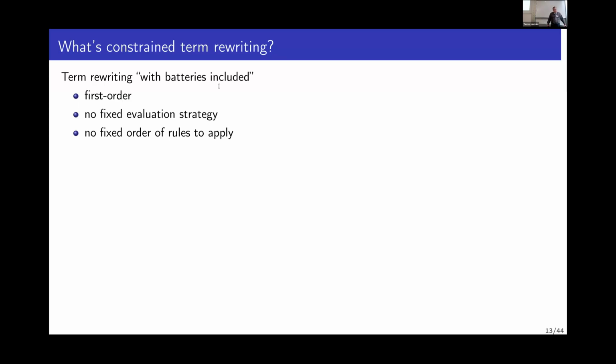Again, in the most basic form, it's first order. We don't impose a fixed evaluation strategy. We don't impose an order of the rules to apply, so we still keep some of the flexibility. But it really does make sense to introduce types. If we know that some variable stands for an integer, we may as well give it the type integer. If another variable is for a list, we may as well say that's for a list.